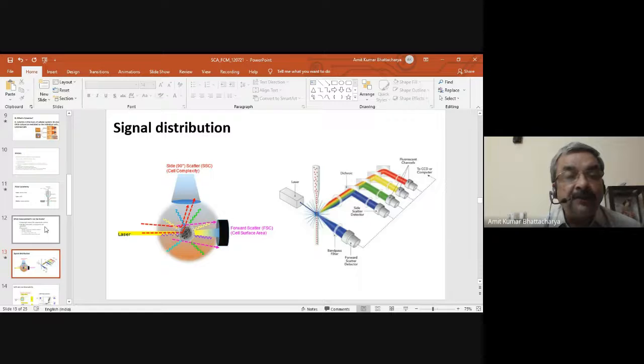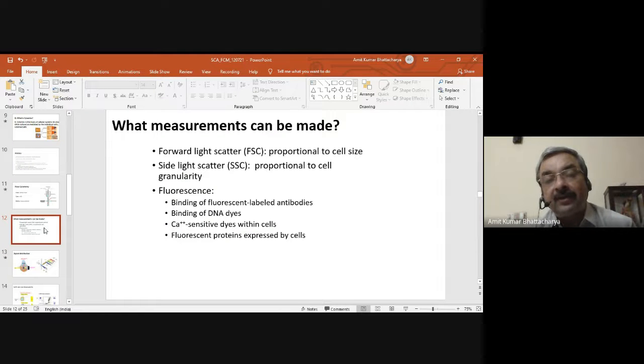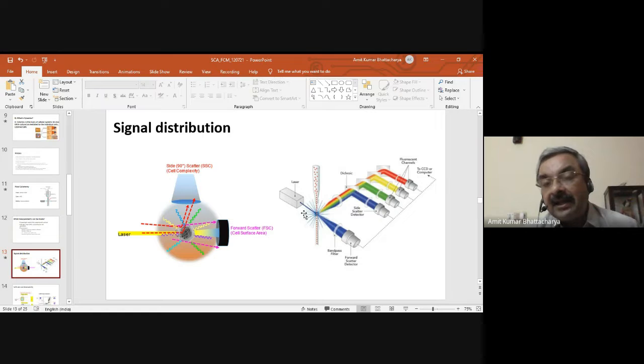So you detect three kinds of light when each cell goes past the laser beam. And here you can see that happening. The laser light is coming, and you see the particles flowing past.